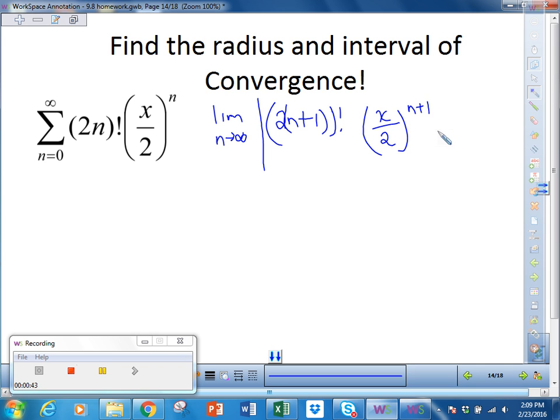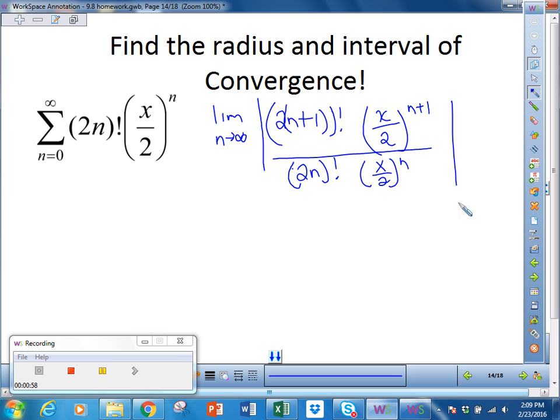And we're going to just go ahead and divide that by 2n factorial times x over 2 to the nth power. That looks fun, doesn't it?